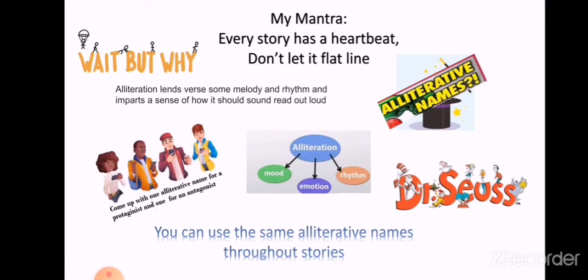Now, if you are a keen reader and you want to update your alliteration and see how they've been used, Dr. Seuss's books are a very good example of alliterations. Eggs and ham, Sam I am, and these are good stories, even though they are used at a very basic level for little kids, but still you can go through them, you can find them online also.